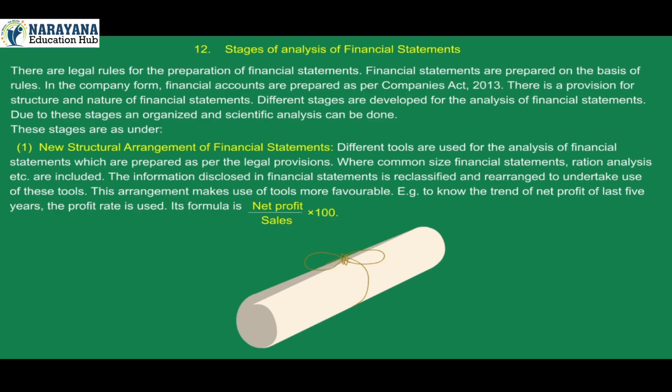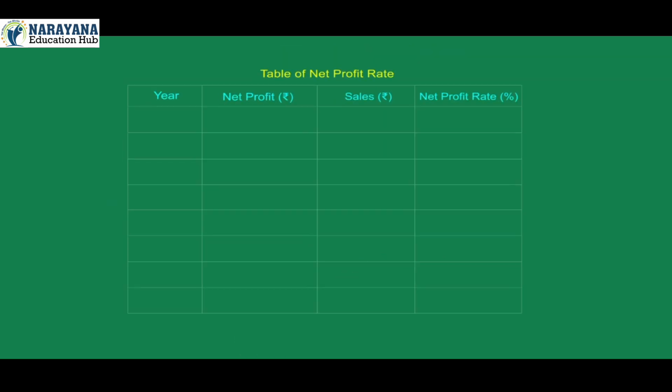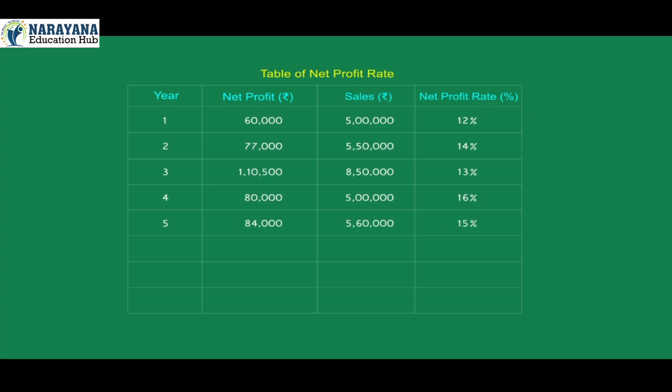Example, to know the trend of net profit of the last 5 years, the profit rate is used. Its formula is net profit divided by sales into 100. Table of net profit rate. Here: net profit, sales, net profit ratio in percentage. 1. 60,000, 5 lakh, 12%. 2. 77,000, 5 lakh 50,000, 14%. 3. 1 lakh 10,000, 8 lakh 50,000, 13%. 4. 80,000, 5 lakh, 16%. 5. 84,000, 5 lakh 60,000, 15%.